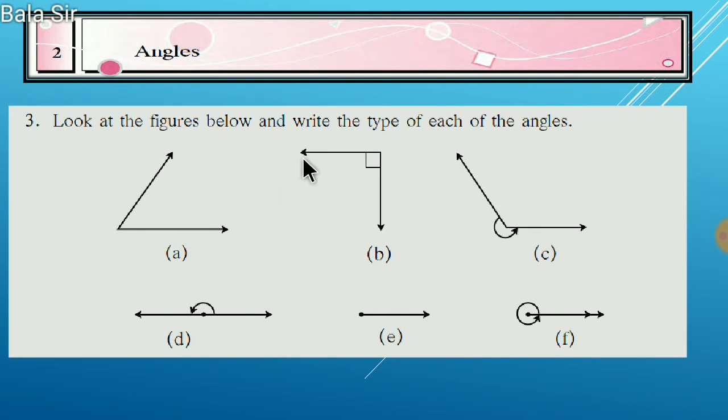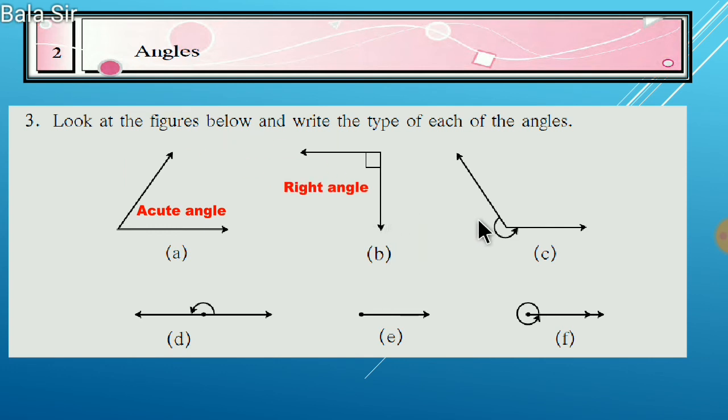Look at the figures below and write the type of each angle. First one, what type of angle is this? It is an acute angle. What type of angle is this? Right angle.